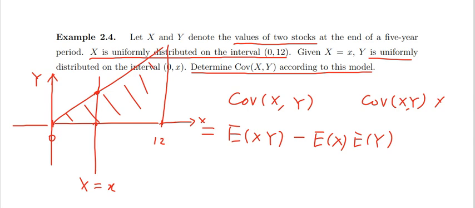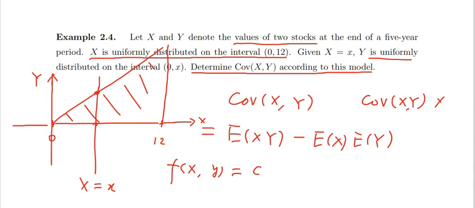X is uniformly distributed, and y is also uniformly distributed. So we can say the density function f(x,y) is just a constant, evenly distributed. So what is this constant?